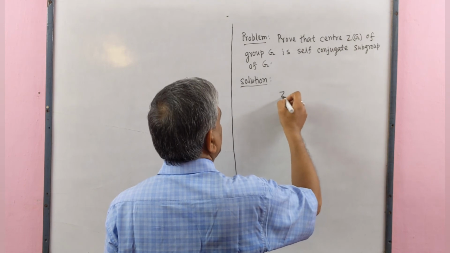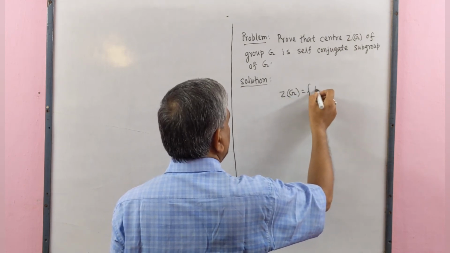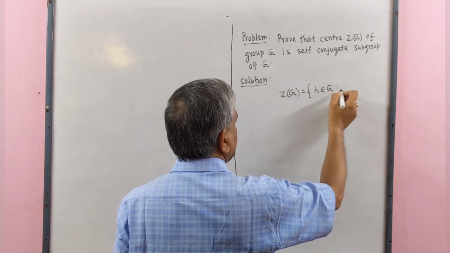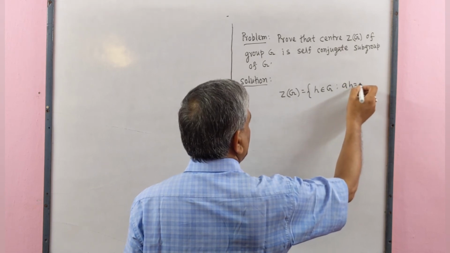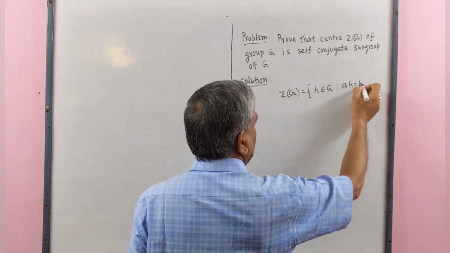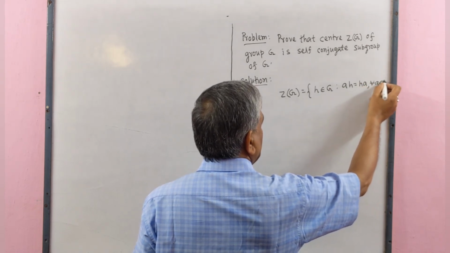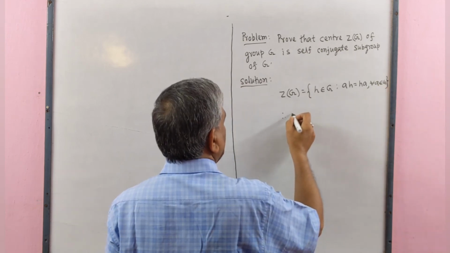Then Z(G) contains all those elements H of G such that AH equals HA for all A belongs to G.